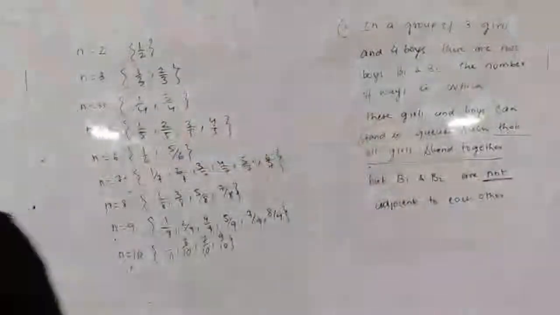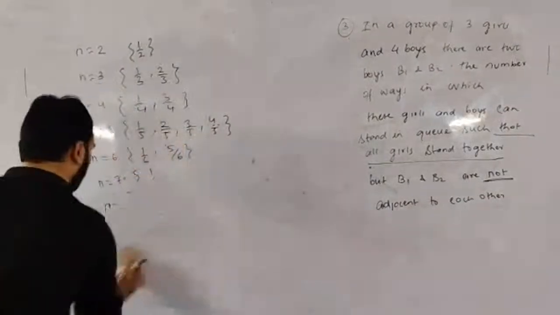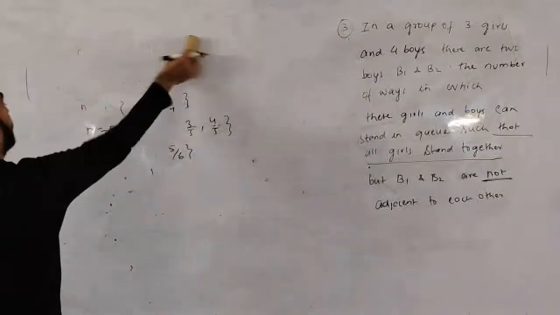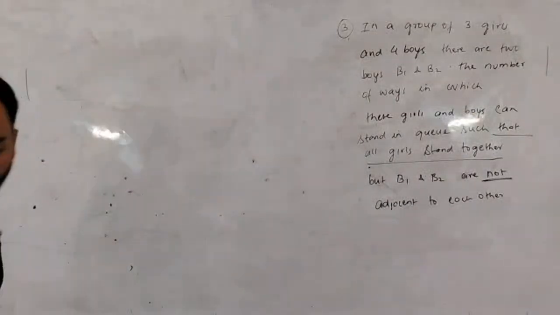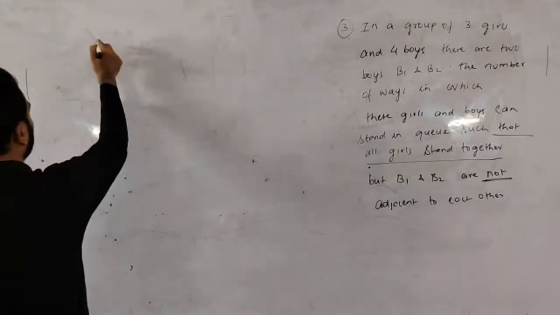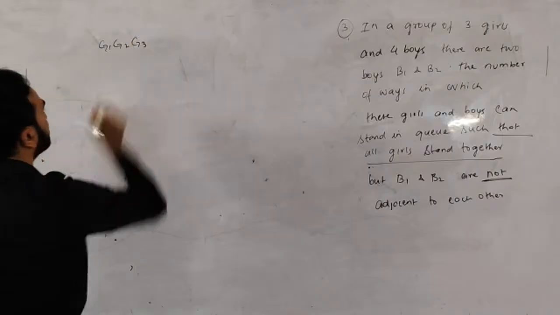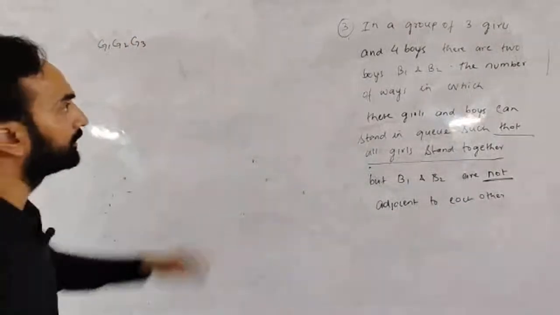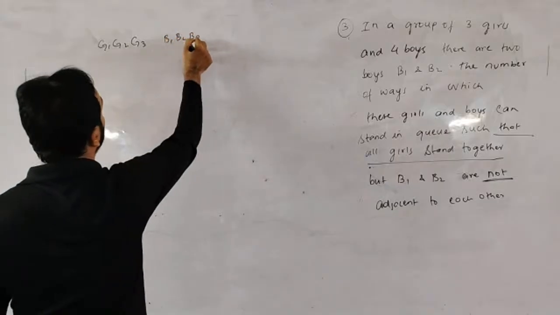Okay, so just see what are the total ways we have. How many girls are there? 3 girls are there, no? So 3 girls and 4 boys. Let's suppose I am writing the girls just for a pictorial representation: G1, G2, G3, correct? And I am representing the boys as B1, B2, B3 and B4.